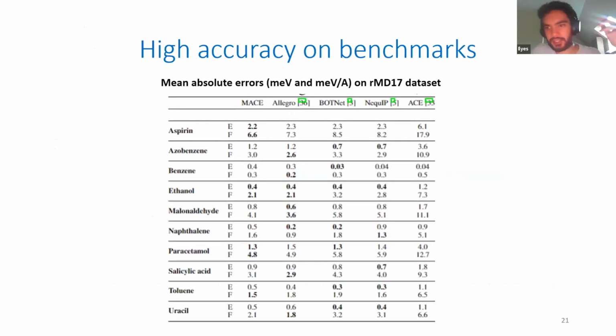Some benchmarks. Obviously you need bold columns to publish at an ML conference, so we did some standard benchmarks. MD17 is not really the most interesting; to me it's quite saturated, but we show that MACE can have similar performance to other state-of-the-art methods like Allegro and Nequip.